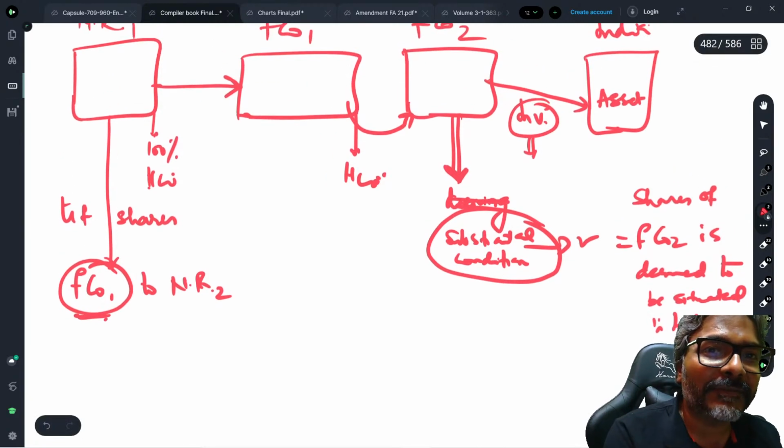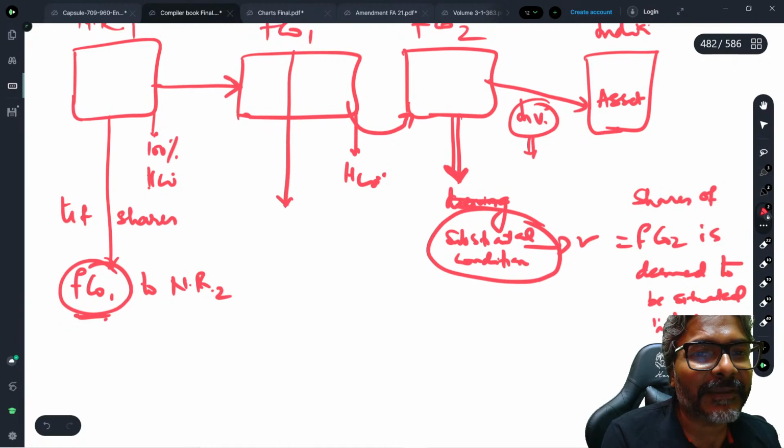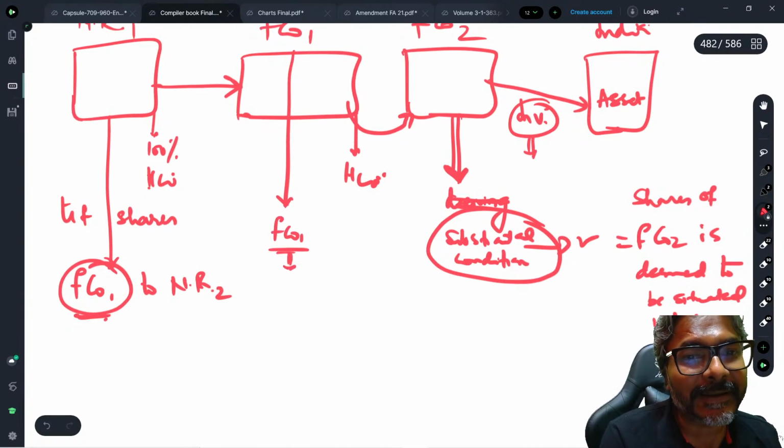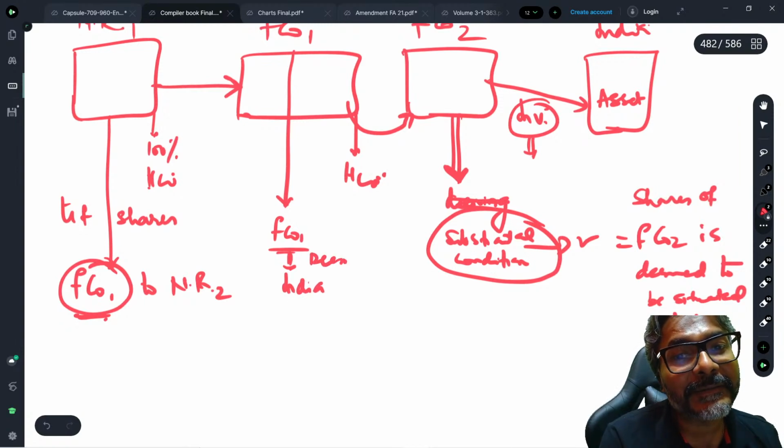And therefore, if that is the case, can we say FCO 1 is having an Indian asset, a deemed Indian asset? FCO 1 is holding a deemed Indian asset. Which is the deemed Indian asset? FCO 2.